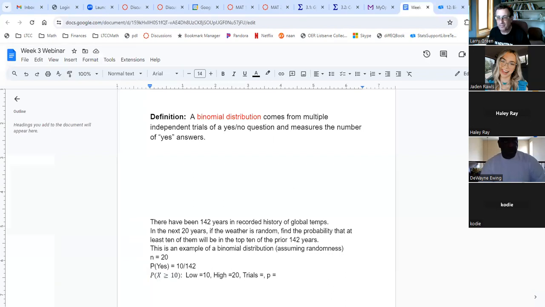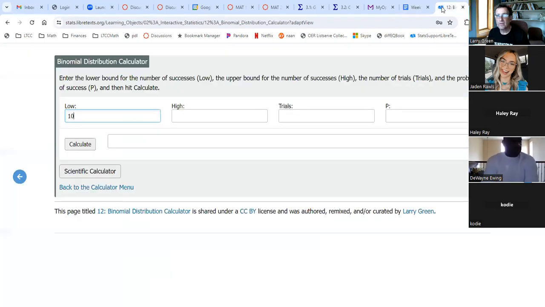Number of trials, that was 20. And P is 10 over 142. Any questions on that? So now I go to my calculator. We have 10. We have 20 for the high. Trials was also 20.